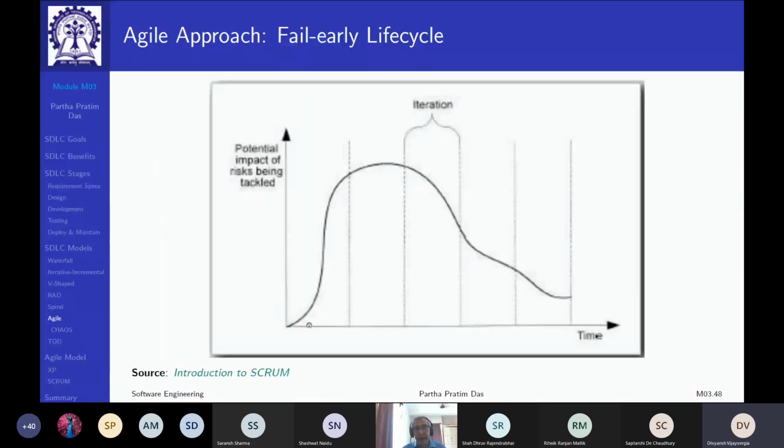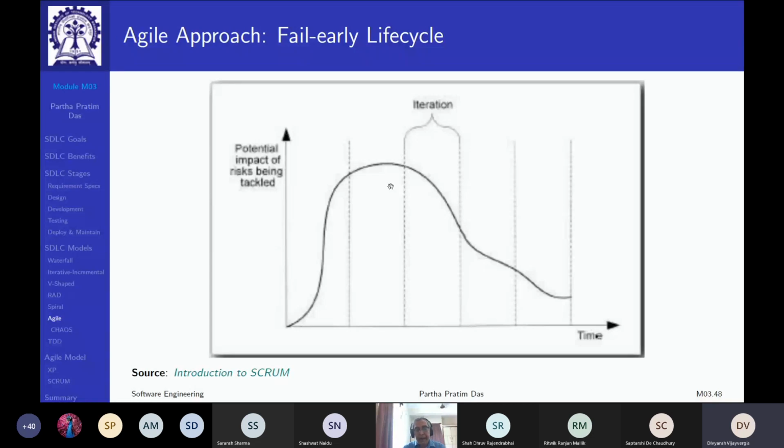The agile approach has a fail-early life cycle. Earlier we saw in waterfall, the potential risk was going up and up. In agile, it is high at the beginning because you have not understood everything, you have not analyzed everything, you are still trying to do something. So the risks are higher in terms of time. But as time goes on, you are doing regular 2 to 3 month deliveries of the software with well-defined quality and requirements, complete specification, all that.